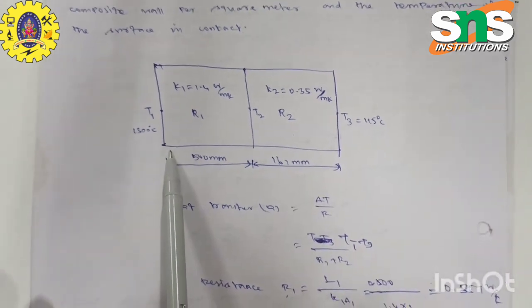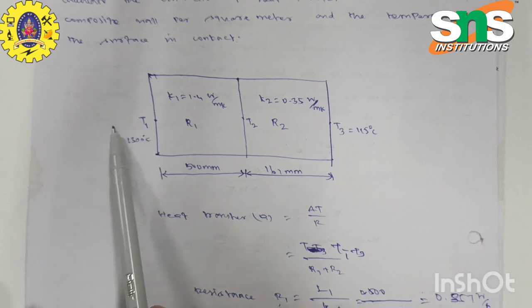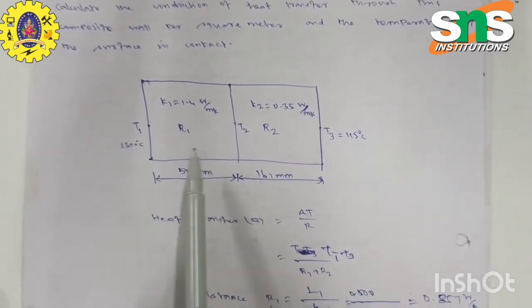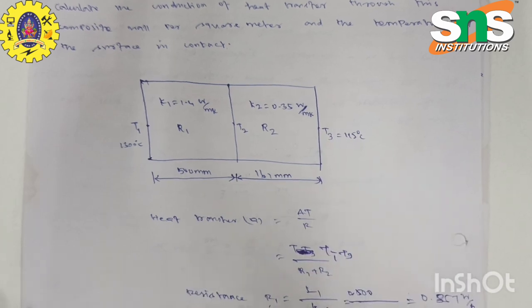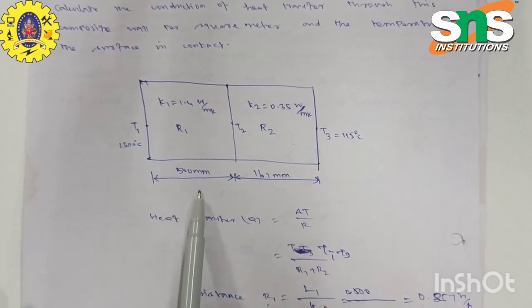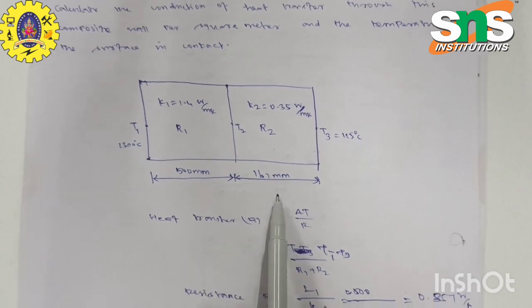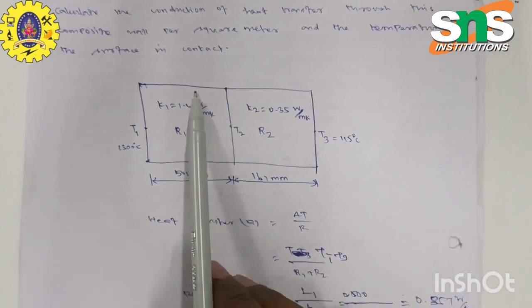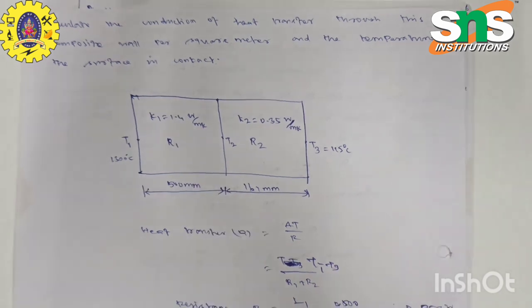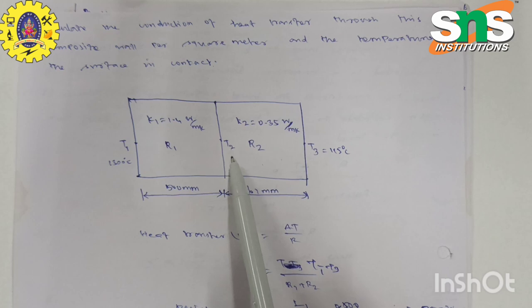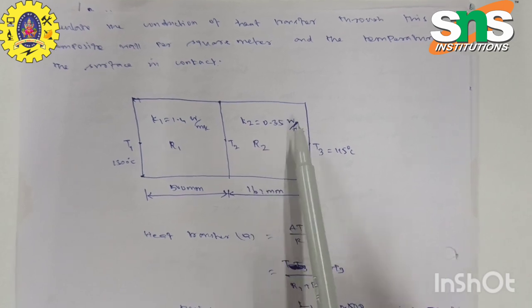From the given data, the temperature of the outside is 1300 and the inside is 115 degrees Celsius, the lengths of the composite wall are 500 mm and 161 mm, the thermal conductivity of slab 1 is 1.4 watt per meter Kelvin, and the thermal conductivity of slab 2 is 0.35 watt per meter Kelvin.